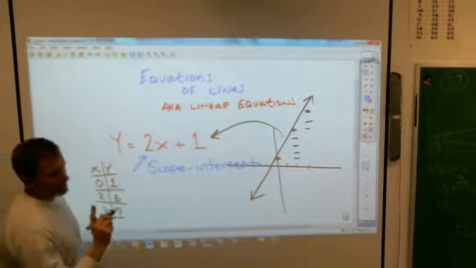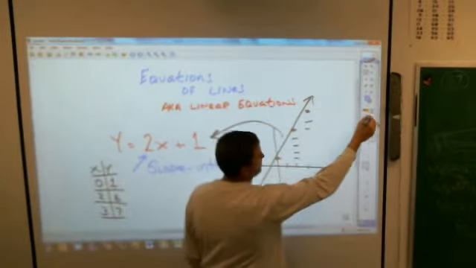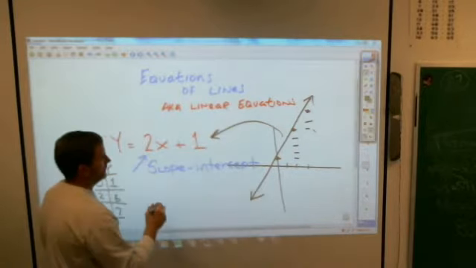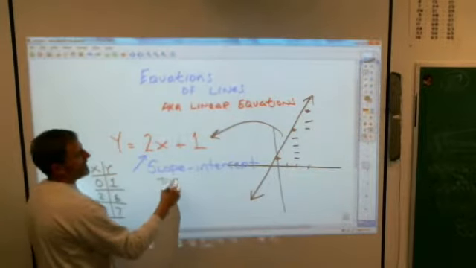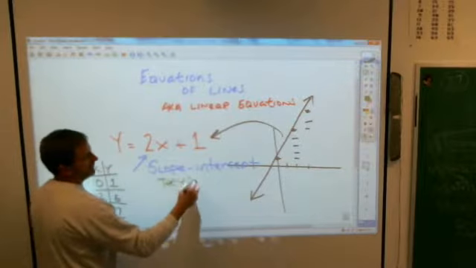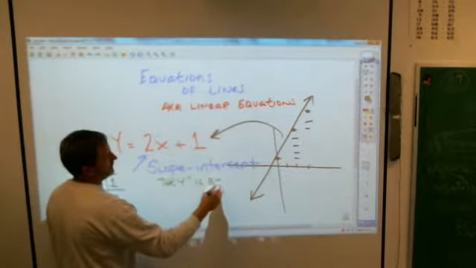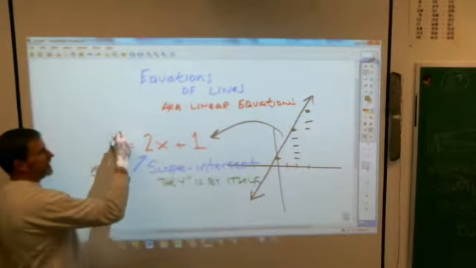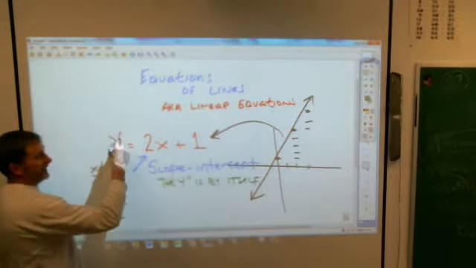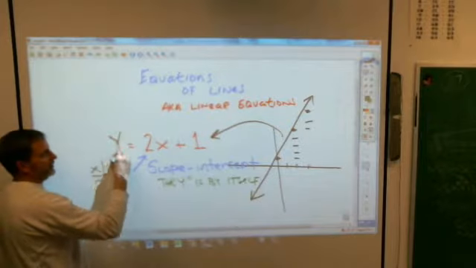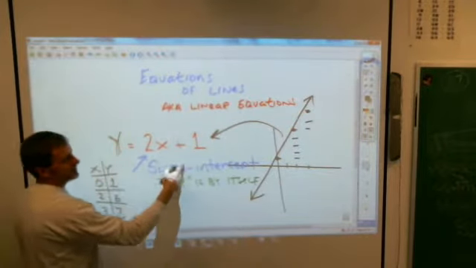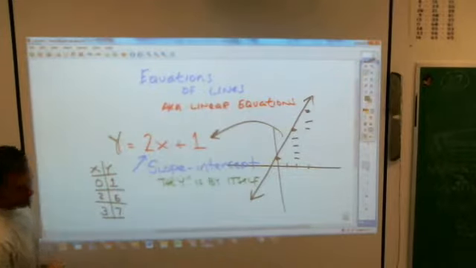And you know it's written in slope-intercept form because the y is by itself. This y sits over here by itself, and it doesn't have to, by the way, but it is for right now. Because the equation is solved for y, it is in slope-intercept form.